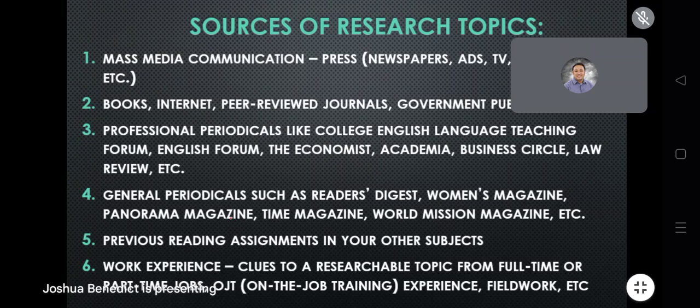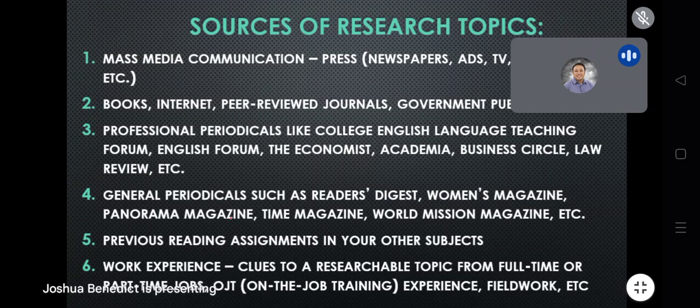Then, general periodicals as well, such as magazines. And then your previous reading assignments. Remember, a good research topic can come from reading. When you read, you're able to encounter different information, and this information will be your basis in creating your research topic.